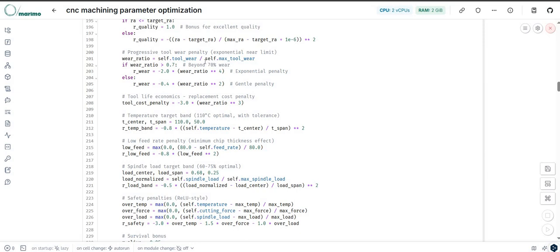Below 70%, the penalty is gentler, minus 0.4 times wear ratio squared. On top of this, there is also another penalty to reflect tool replacement cost, minus 3 times wear ratio cubed. So the more the tool wears, the more the agent gets punished economically.